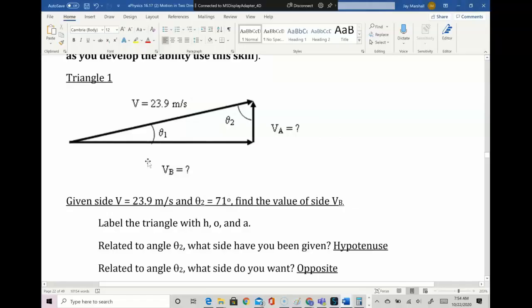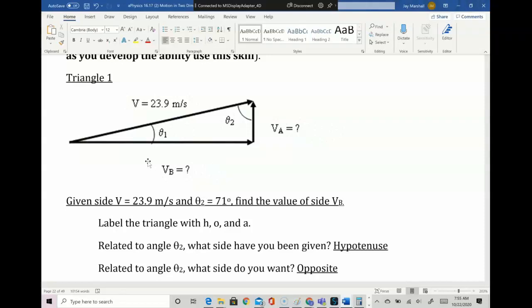So here's my triangle, and I've said given side V, there's V right there, and already your brain should be going hypotenuse, right? I've been given side V, and I want to know, related to angle theta 2, what the value of side VB is.